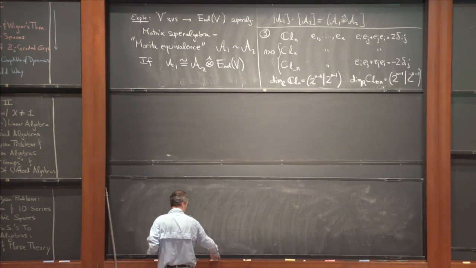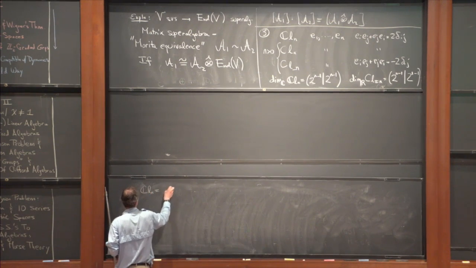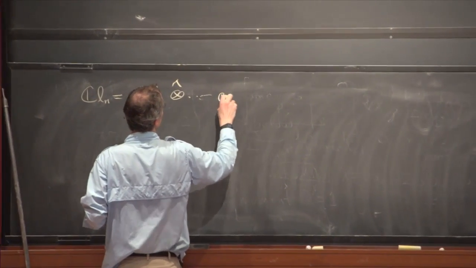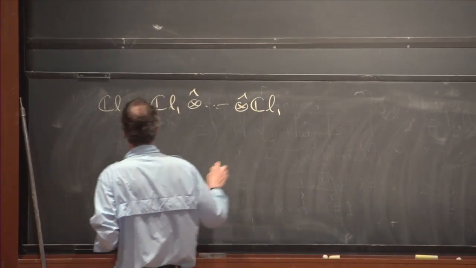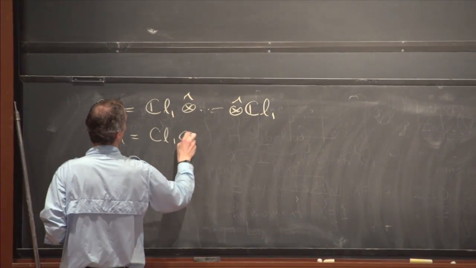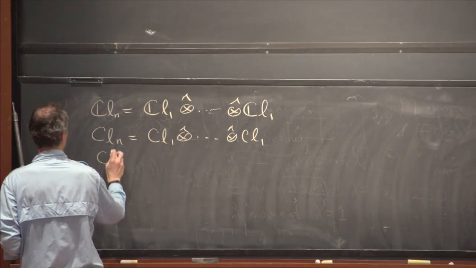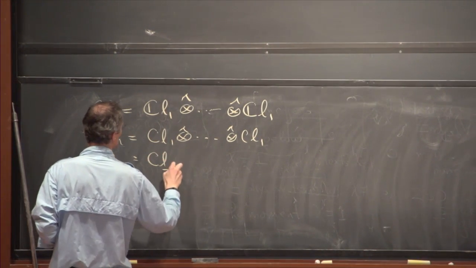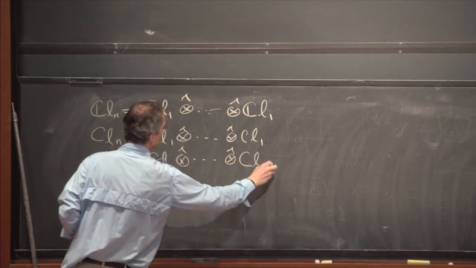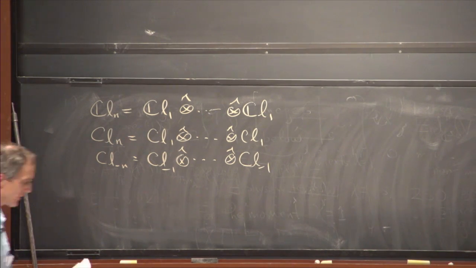So now, in terms of these graded tensor products, these Clifford algebras can all be reduced to one dimension. So in terms of the graded tensor product, we can write this. And similarly, Clifford n is Clifford 1, tensor hat Clifford 1. And Clifford minus n is Clifford minus 1, tensor hat Clifford minus 1. So what's all the fuss about Clifford algebras? Looks pretty trivial.